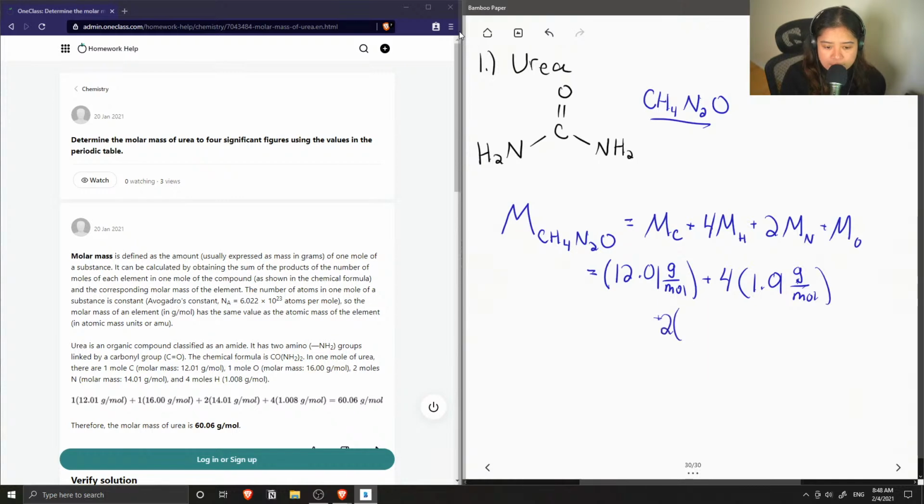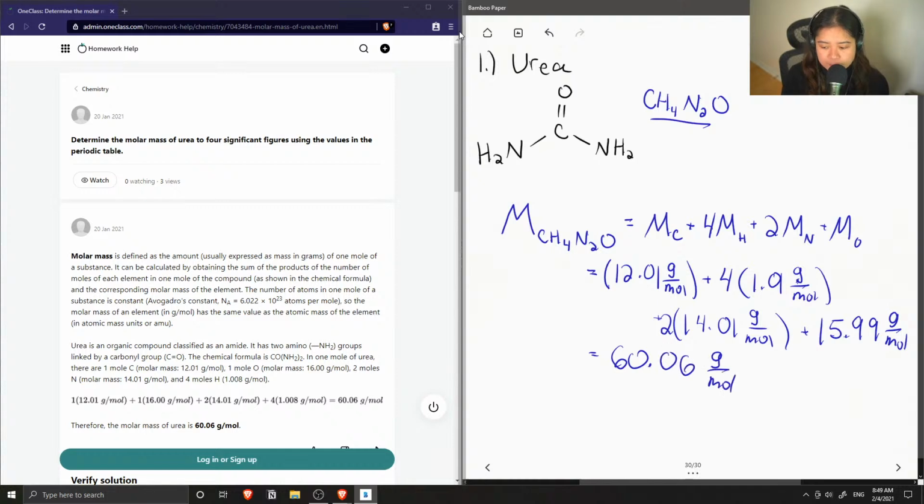Nitrogen's molar mass is 14.01 grams per mole, and oxygen's is around 15.99 grams per mole. Now that we have our formula, we can just add these values up and we get a total molar mass of 60.06 grams per mole.